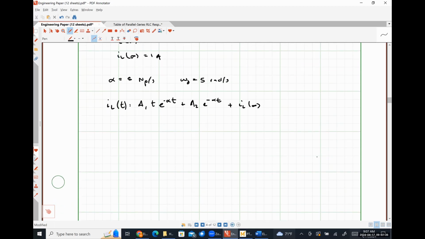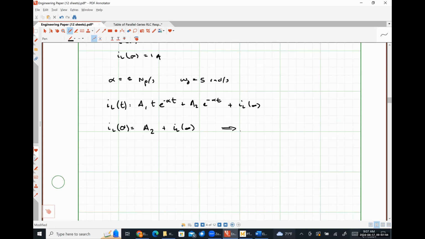So from here, IL at 0 plus is going to look like A2 plus IL at infinity, because when t is equal to 0, this whole first term just goes away.